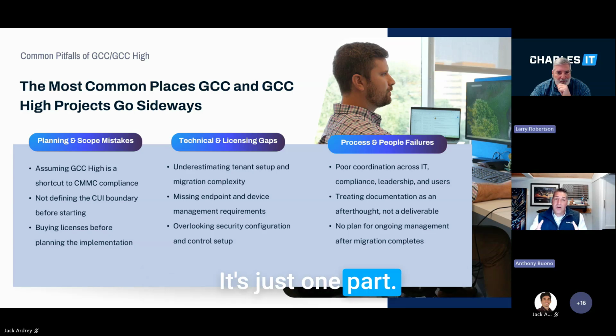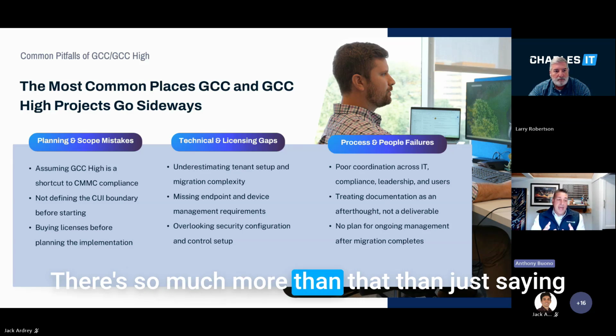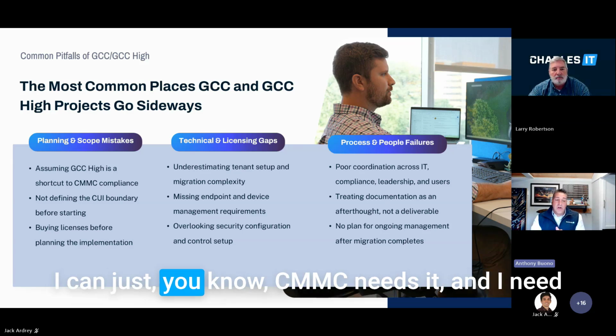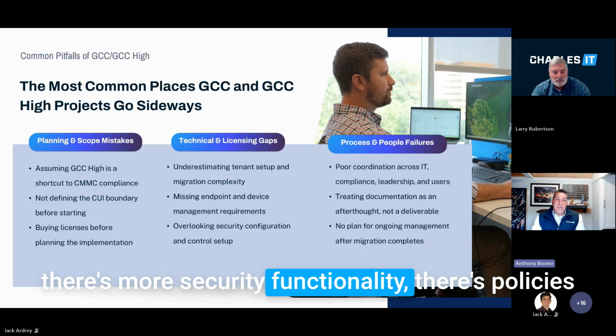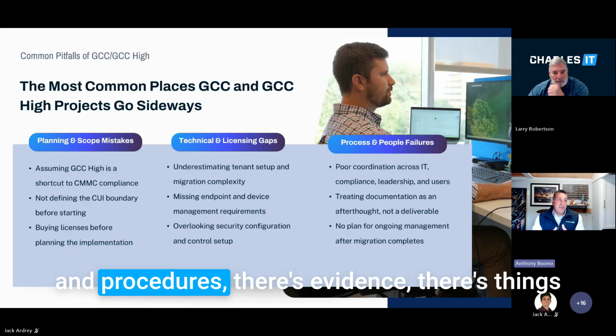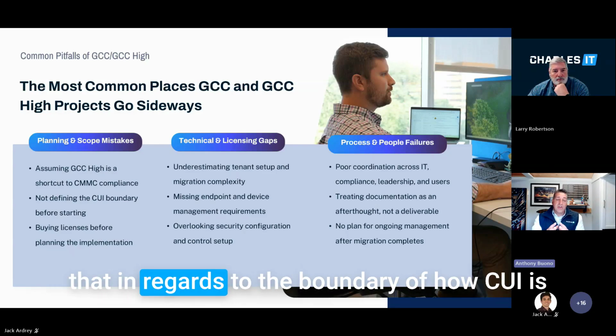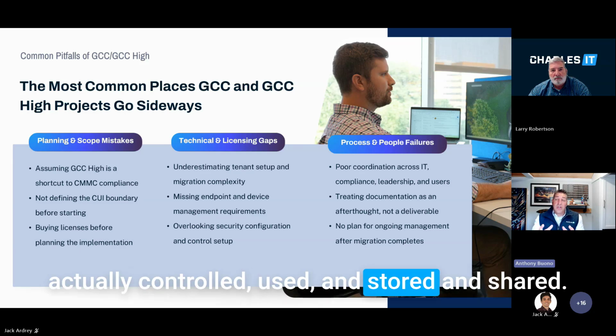No. It's just one part. There's so much more than just saying CMMC needs it, I need to have it, and that checks the box. That's not it. There's more security functionality. There are policies and procedures. There's evidence. There's the boundary of how CUI is actually controlled, used, stored and shared.